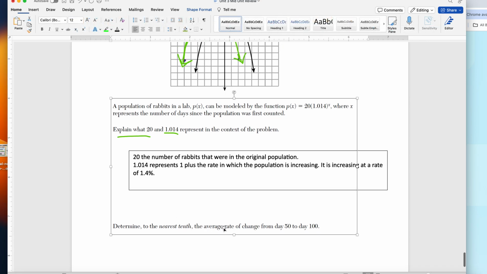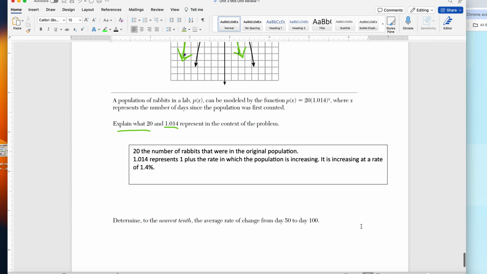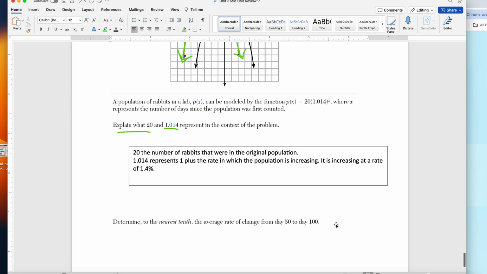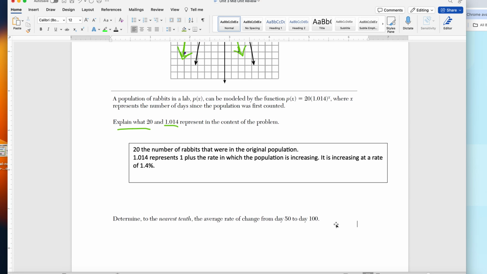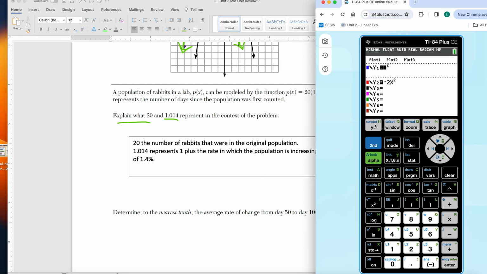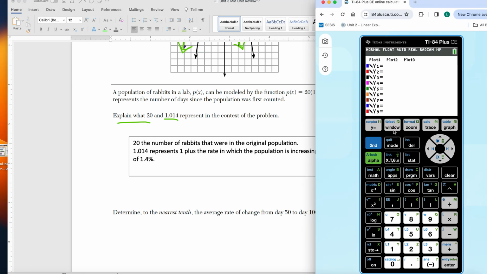Determine to the nearest tenth the average rate of change from day 50 to day 100. So I'm going to pop this into the calculator, and it's going to be this at x equals 50, right?